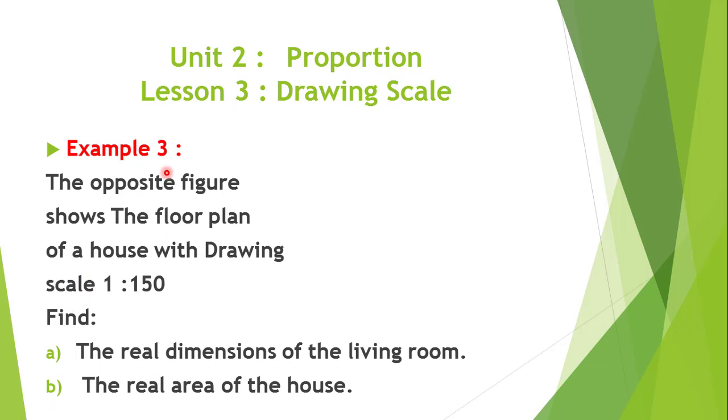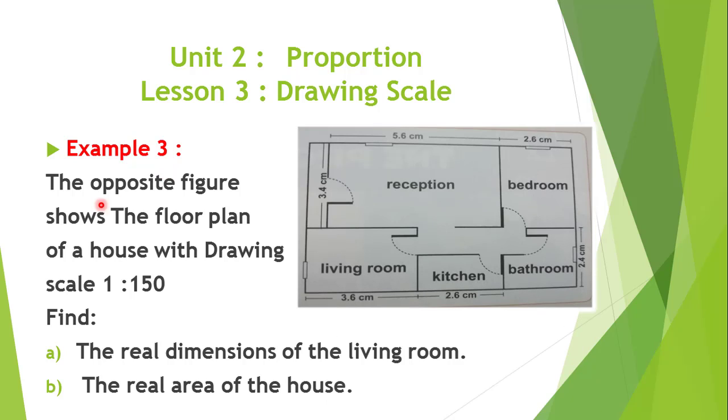Okay, let's move to example number 3. The opposite figure shows the floor plan of a house with a drawing scale 1 to 150. So here we have a floor plan for a house. The drawing scale here is 1 to 150.